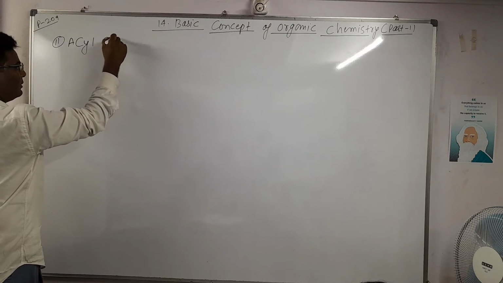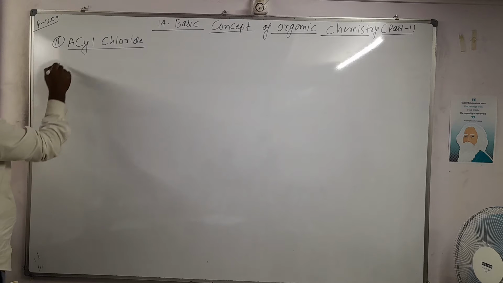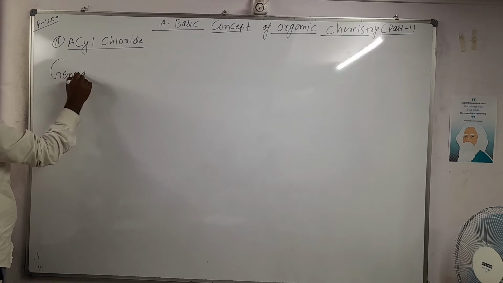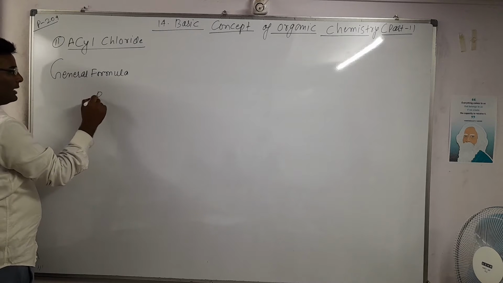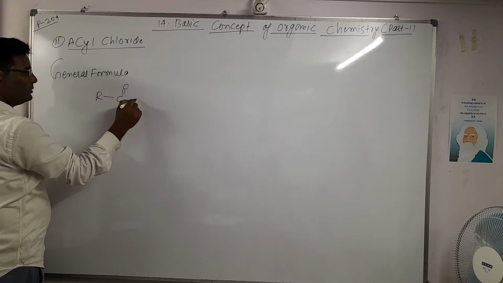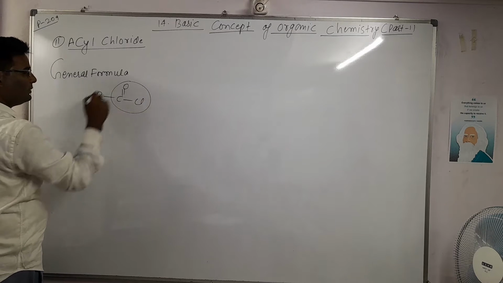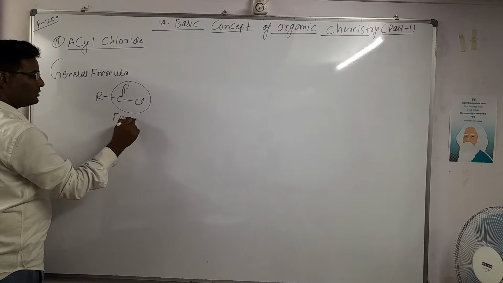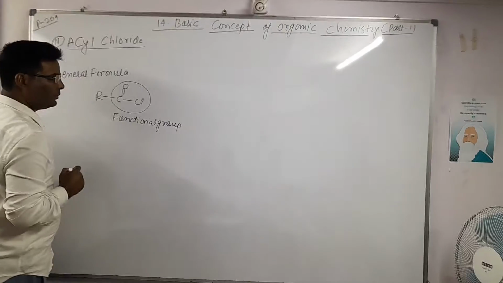Acyl chloride. Its general formula is RC double bond O Cl, right? So this is the functional group of acyl chloride.